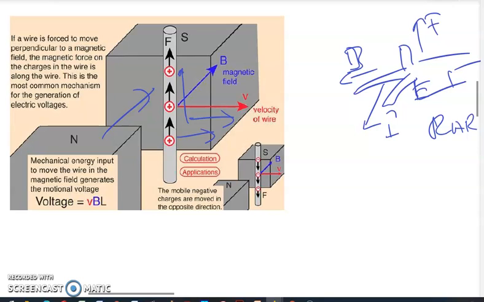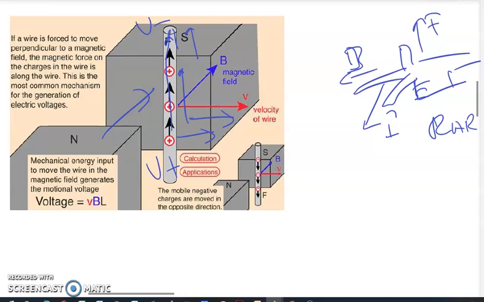You have your B in front, and your I moving upwards, which means you will generate voltage from bottom to top, with V positive here and V negative here, so the current will move upwards.